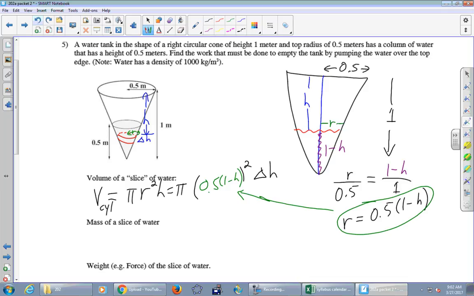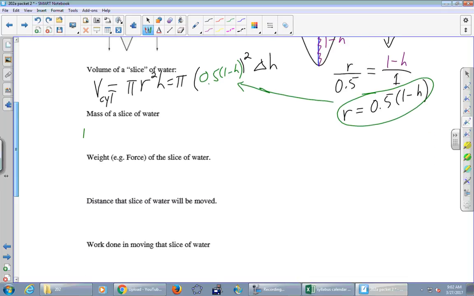And now we need to know the mass of that slice. So remember, in the previous problem, mass was density times length. That was the one-dimensional version. What is it here? Density times volume, right? The area would be 2-dimensional. Density times volume is the 3-dimensional version. So that's what we're doing here. We calculated the volume. It's right there.